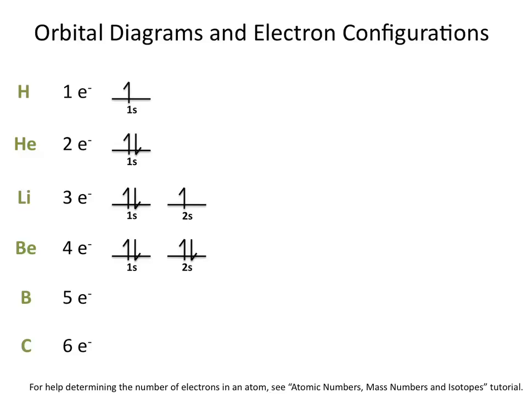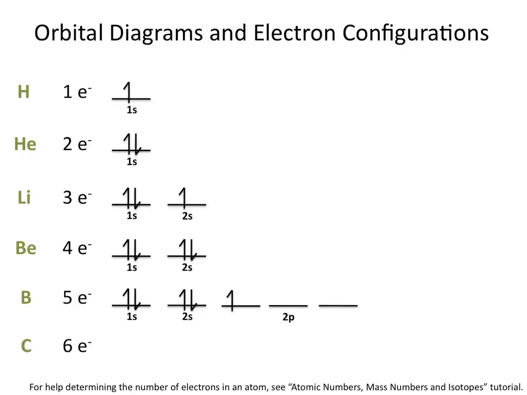Moving to boron, we place our first two electrons in the 1s subshell, then our second two electrons in the 2s subshell. But for the n=2 shell, you have not only the s subshell, but also the p subshell. Remember that the p subshell contains 3 orbitals, each with a different orientation in space. And so our fifth electron goes into one of the unoccupied 2p orbitals.